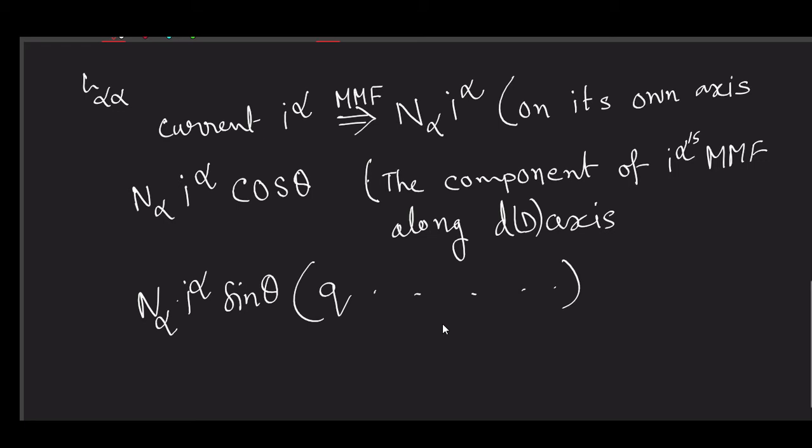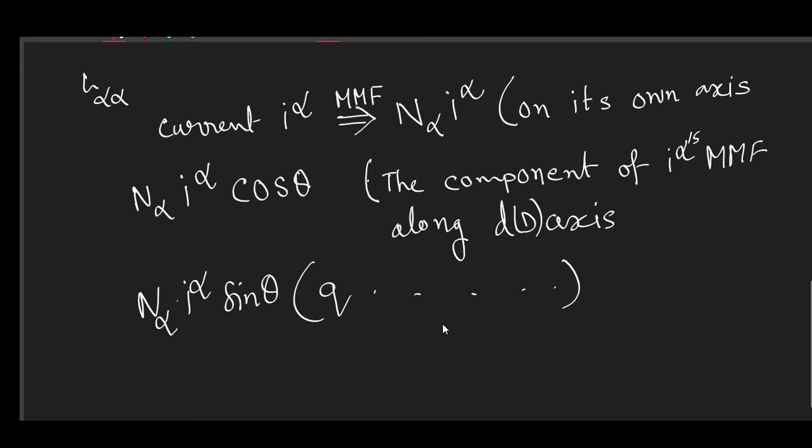You can understand, we are first trying to figure out the MMF, and then we try to figure out their corresponding reluctances, or the path faced by the magnetic circuit faced by that particular reluctance.